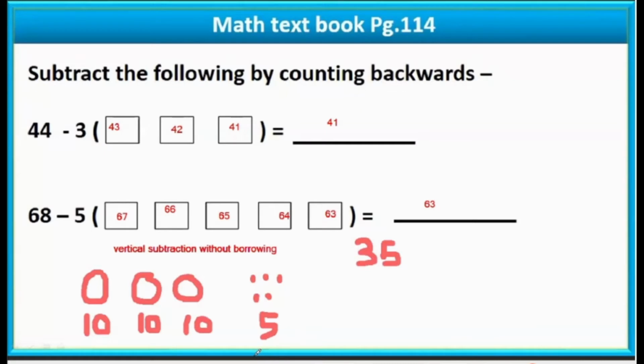If it is 1 set of necklace and 2 beads, what will we derive? What is the answer? Yes, it is 12. 1 set of necklace is equal to 10 and 2 loose beads is equal to 2 ones. So the answer is 12.